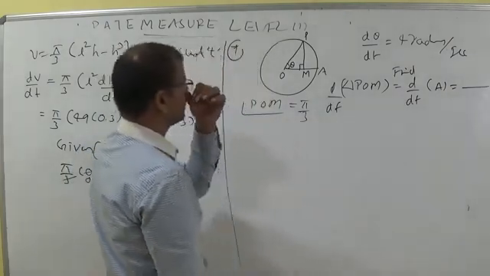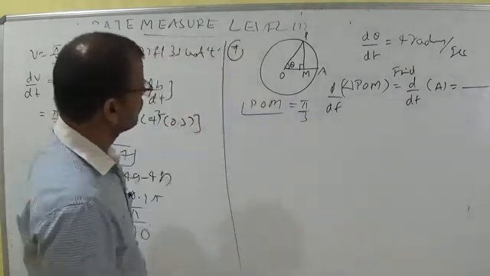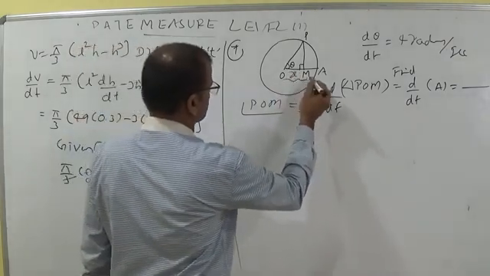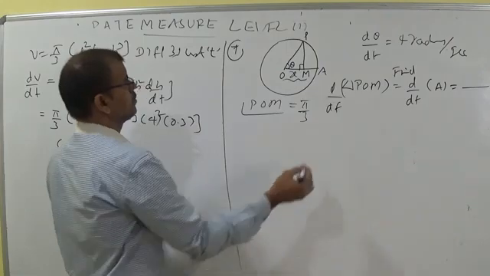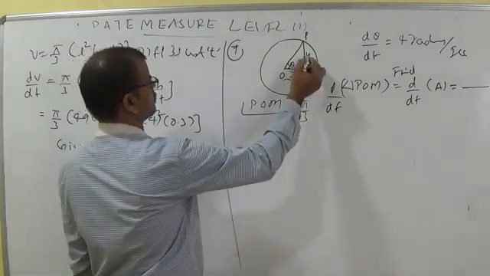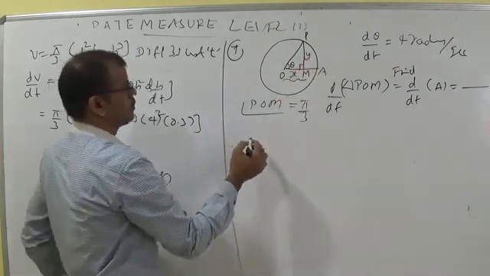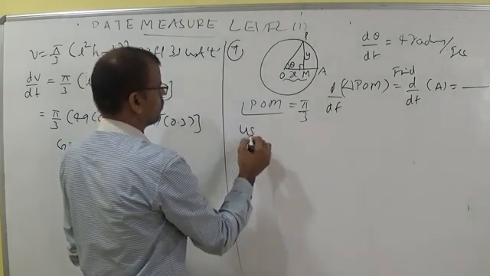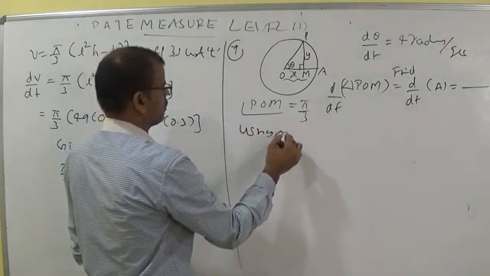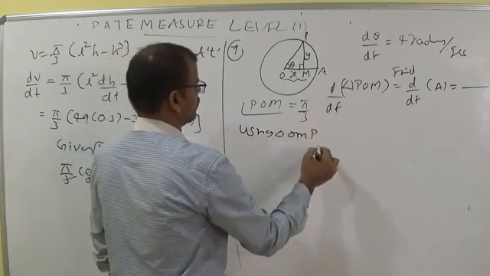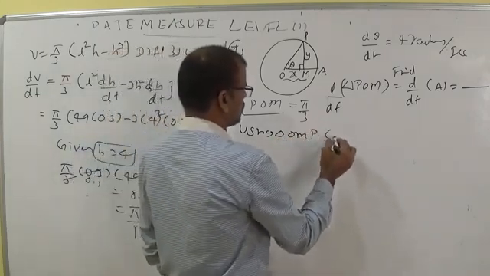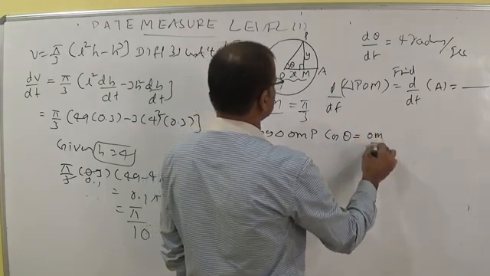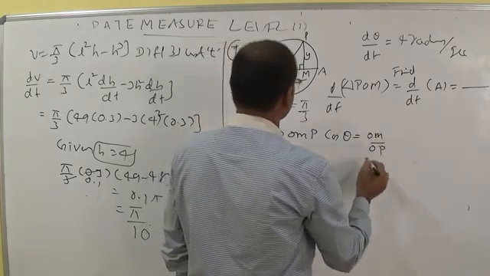Now d theta by dt is equal to 4 radians is given. Let OM be x and PM be y. Now using triangle OMP, cos theta is equal to adjacent side by hypotenuse.